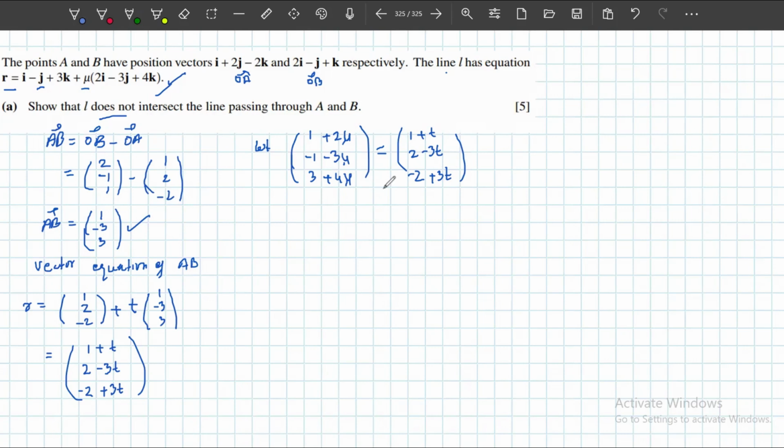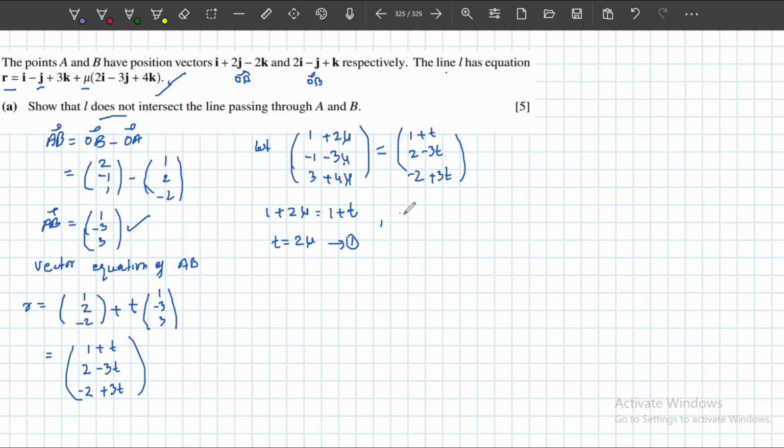Once we compare, we have these equations: 1 plus 2 mu is equal to 1 plus t, so t is equal to 2 mu. If you take the 1 to the other side, plus 1 minus 1 will be 0. So this is your first equation.